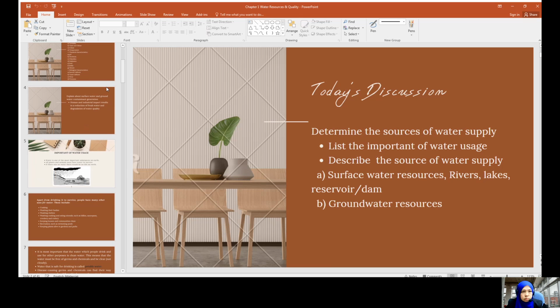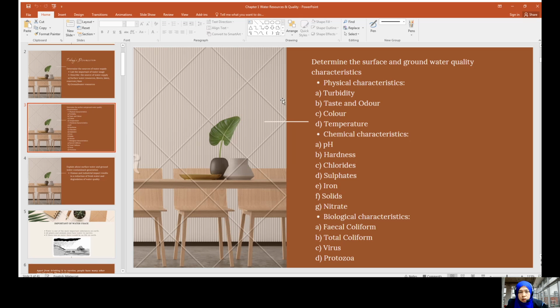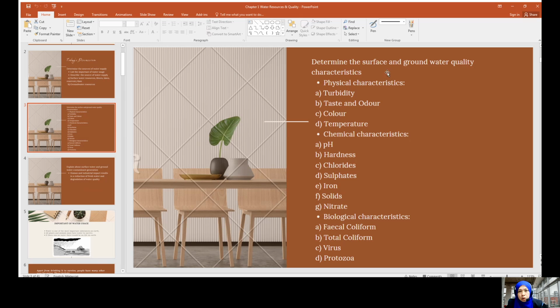All the students must know what is important in this chapter: the physical characteristics of water, and the quality of the water, or water quality characteristics.